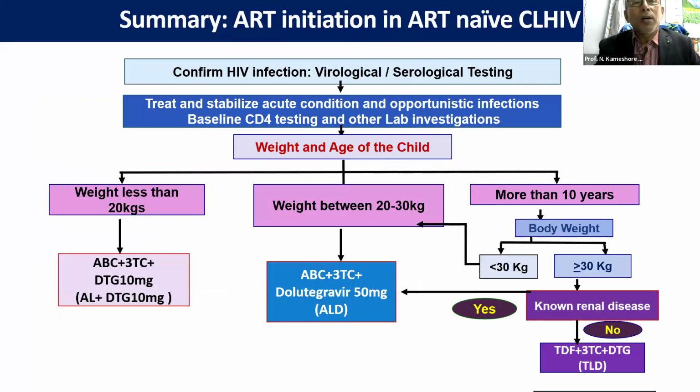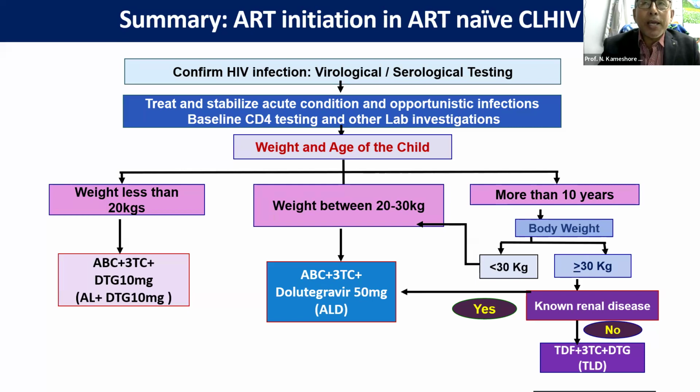Again, let us summarize ART initiation in an ART-naive child living with HIV. The first thing is confirmation of the infection, virologically or serologically as per the age of the child. Then we have to treat and stabilize acute conditions and opportunistic infections, and do baseline investigations, including CD4 count. After that, we look at the age and the weight of the child.